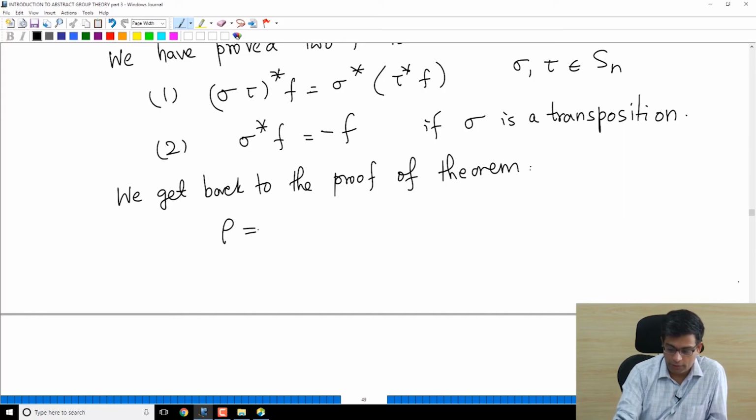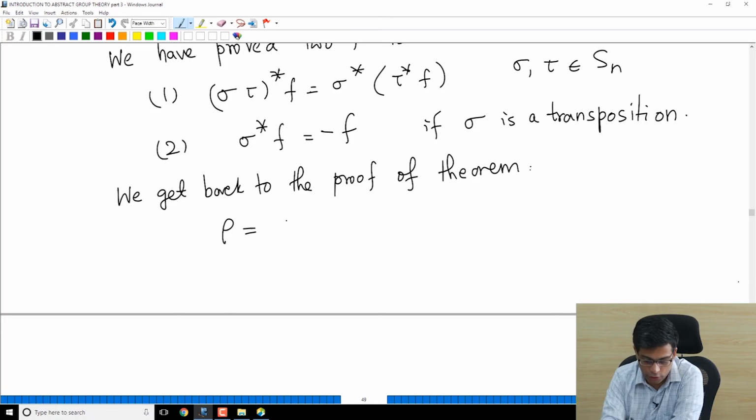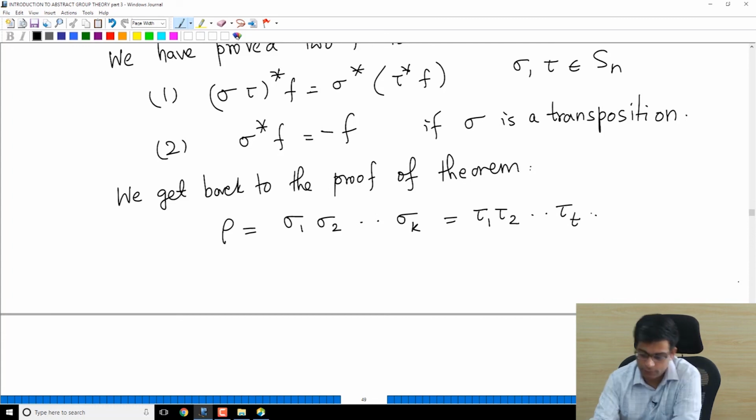Remember, in the proof we have two possible representations of rho as a product of transpositions. We wrote this as sigma 1 through sigma k product, also as tau 1, tau 2, tau t.